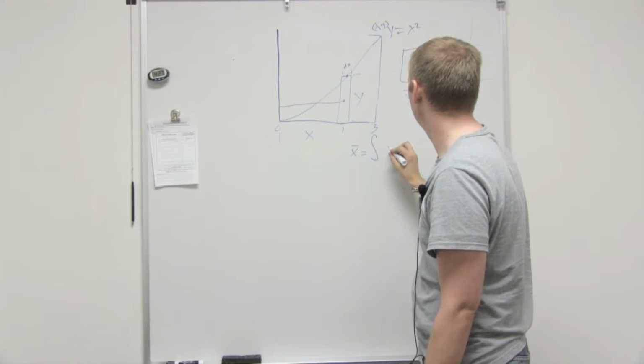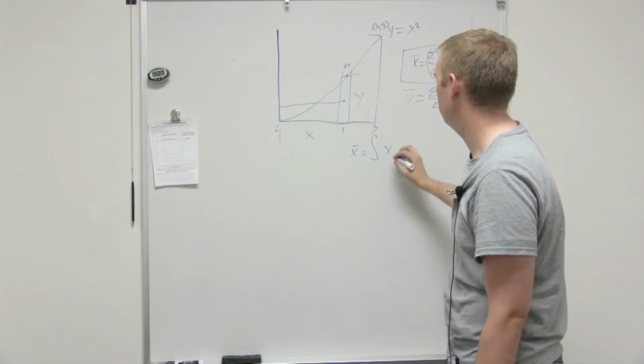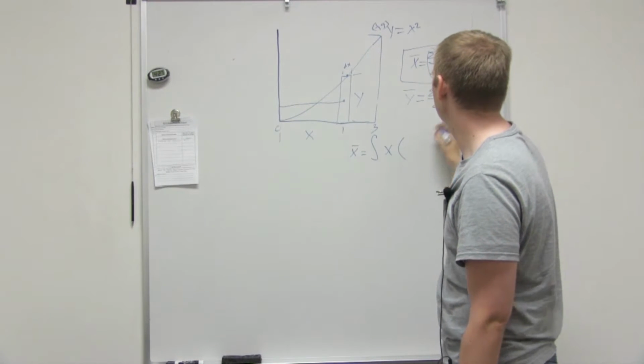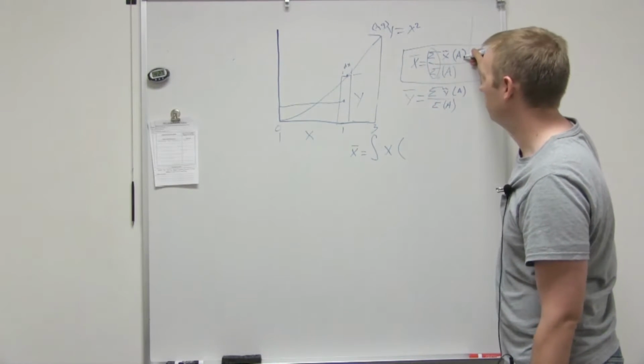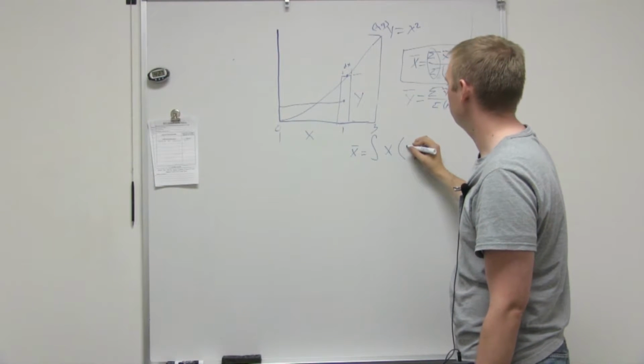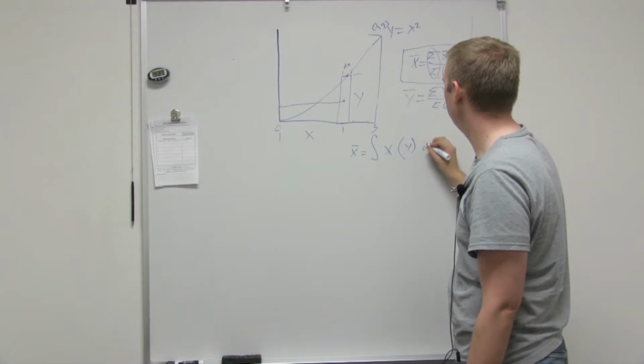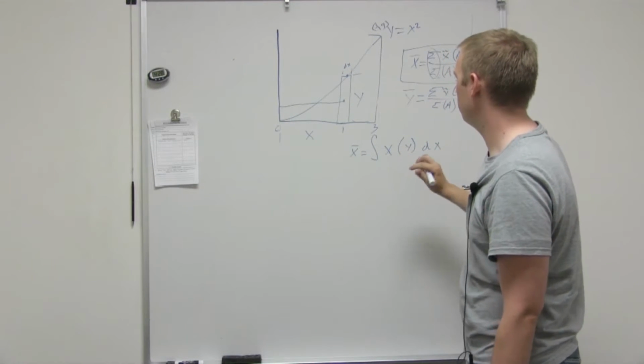So we do the integral of x tilde, which is just x, times the area, and we decided our area was y dx.